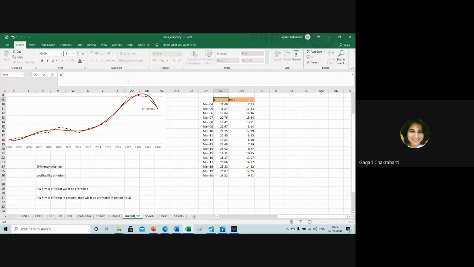I'm writing it as ITR, otherwise Eviews will not take this name. So ITR and PBIT. Let's first go for this correlation. What's the correlation between ITR and PBIT?